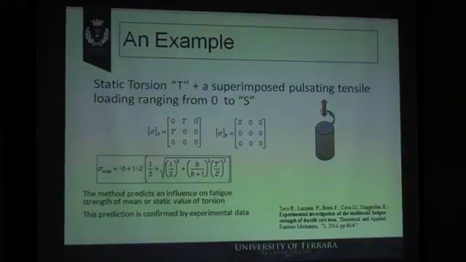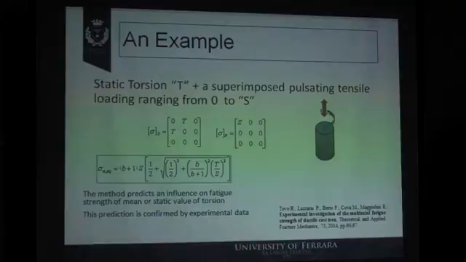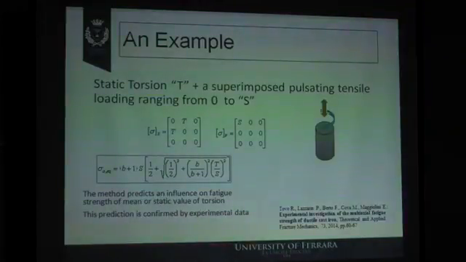Obviously, for this material under this condition. And this is true and has been verified because actually this material has an influence of the mean value, or the static value, of the torsion loading on experimental test.